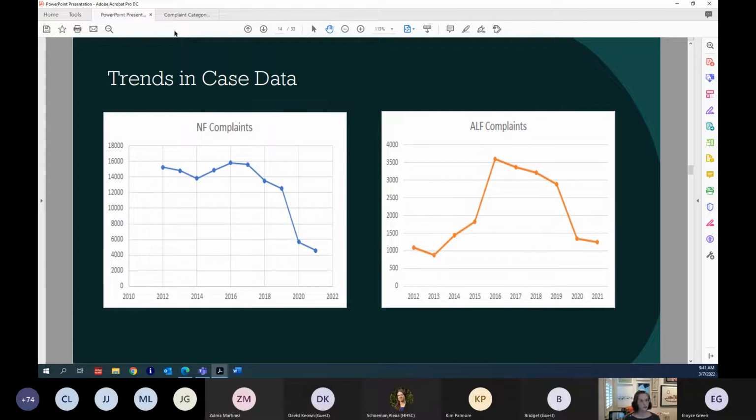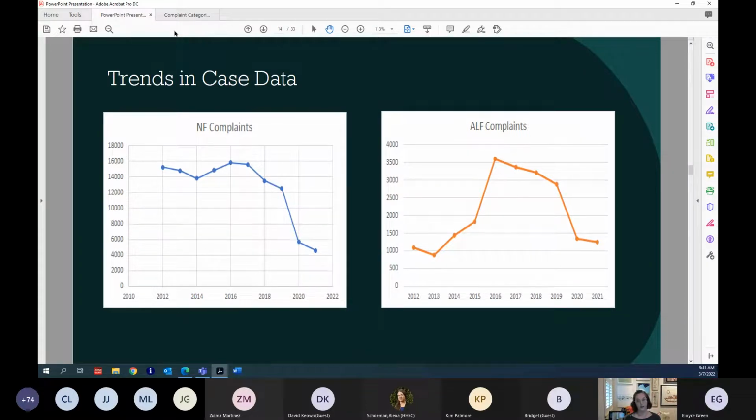Just going to show you a few different ways of looking at the same information. So I'm going to move along to some other visuals here, and you can see a linear path, a line graph showing you the nursing facility complaint numbers side by side with the assisted living facility complaint numbers. Remember again, around 2016, we infused new money into the Ombudsman program statewide that continues at the same amount.